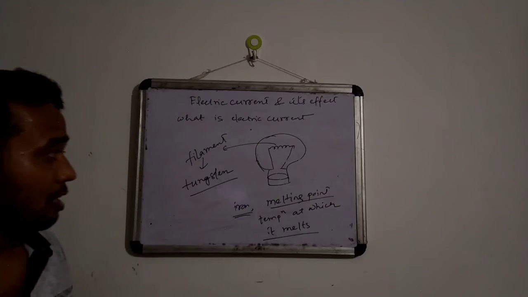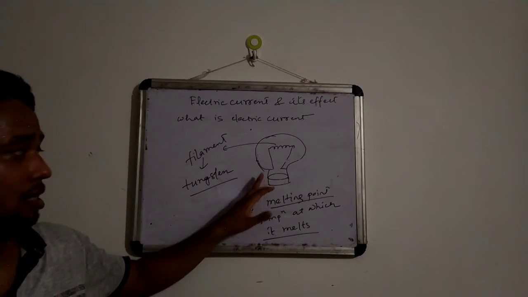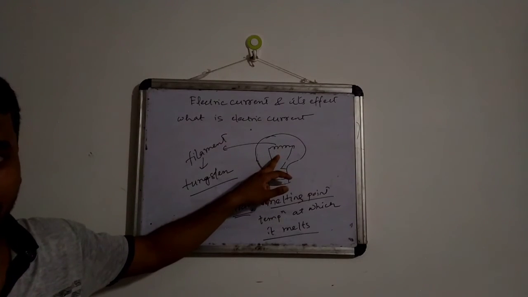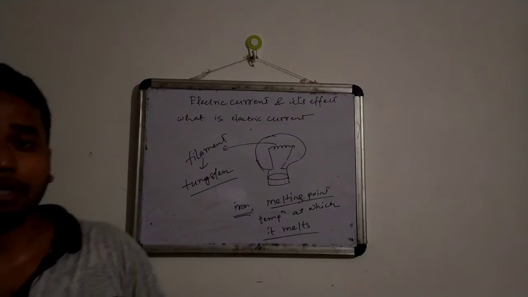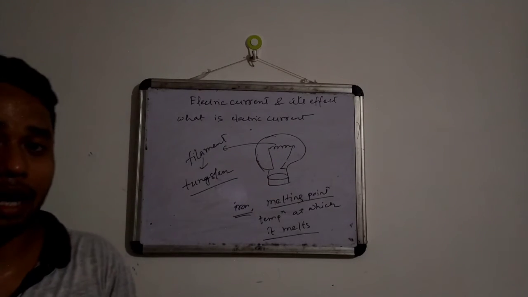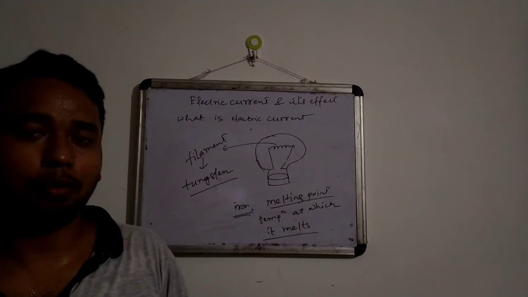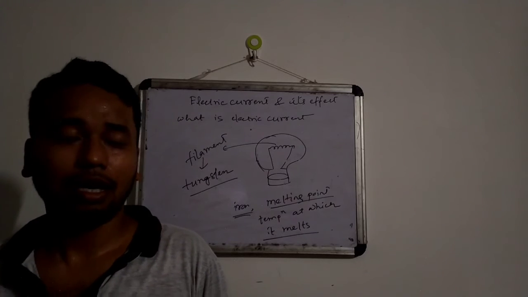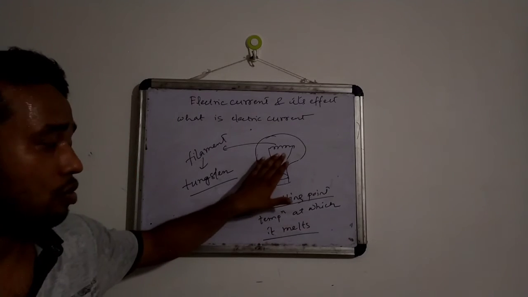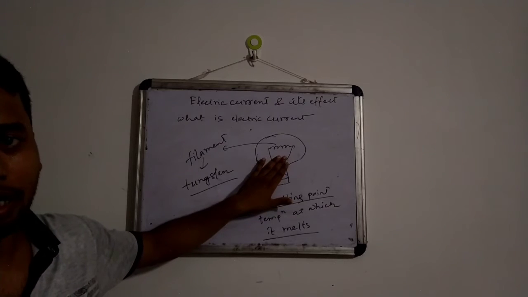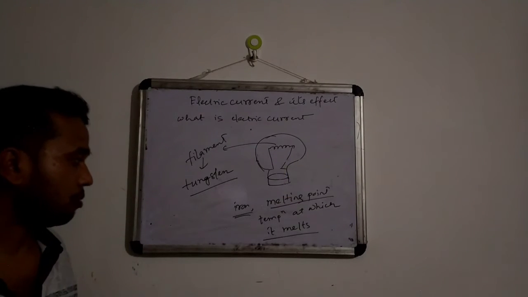But if we use iron here in this filament, and if we increase the temperature to a very high value, then the iron will melt and the bulb will be destroyed. And that is why we can't use iron as a filament. Okay.